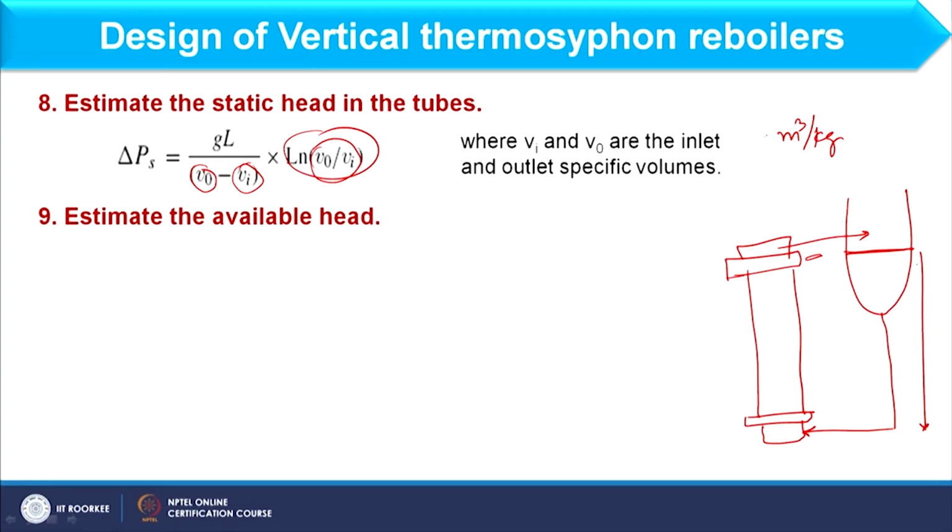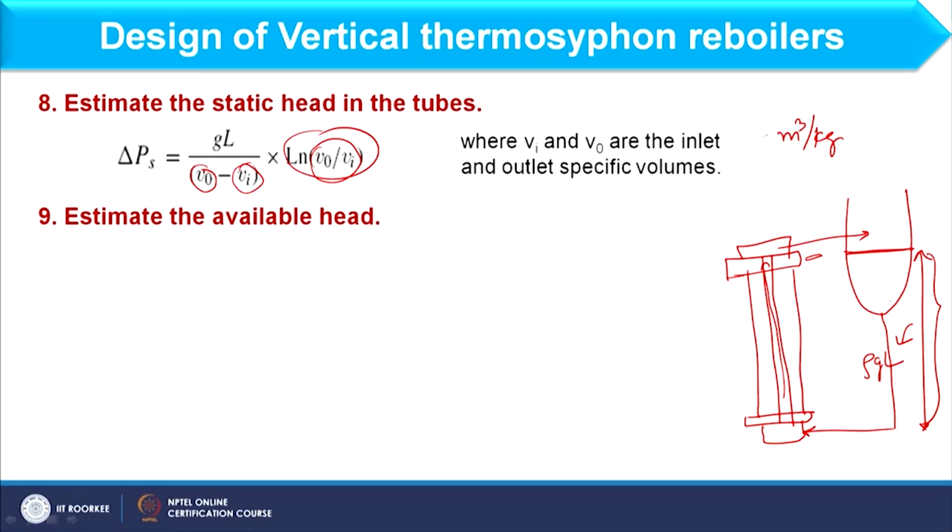So, this distance is nothing but the length of the tube. Now, what have we computed? We have computed the pressure drop in this tube, and this pressure drop in the tube should be compared with the pressure drop available here, and that is nothing but rho g L.